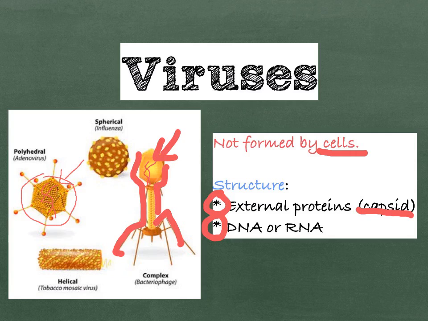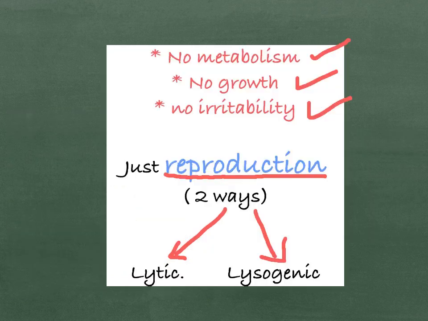The process of reproduction can be divided in two: lytic and lysogenic reproduction. The one that absorbs DNA and makes it itself part of the host cell is known as lysogenic, while the one that destroys the host cell is the lytic cycle.